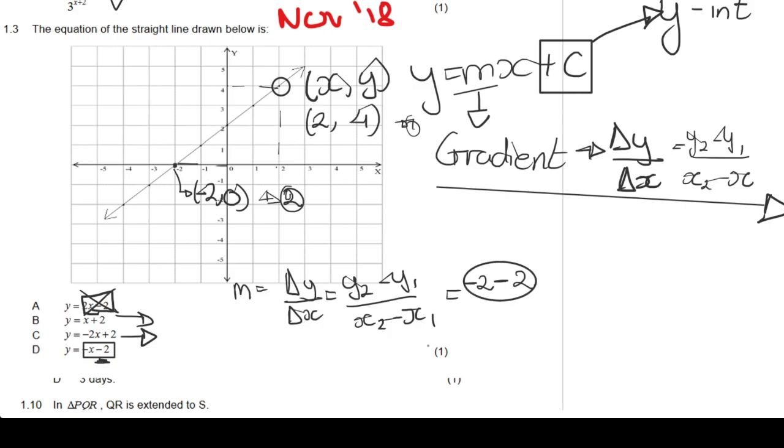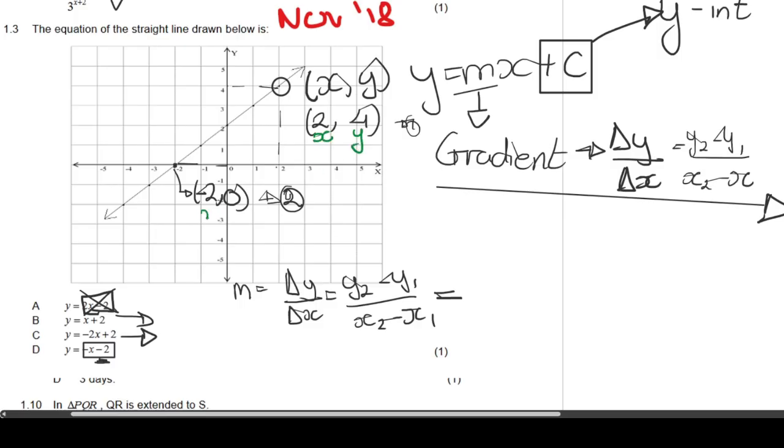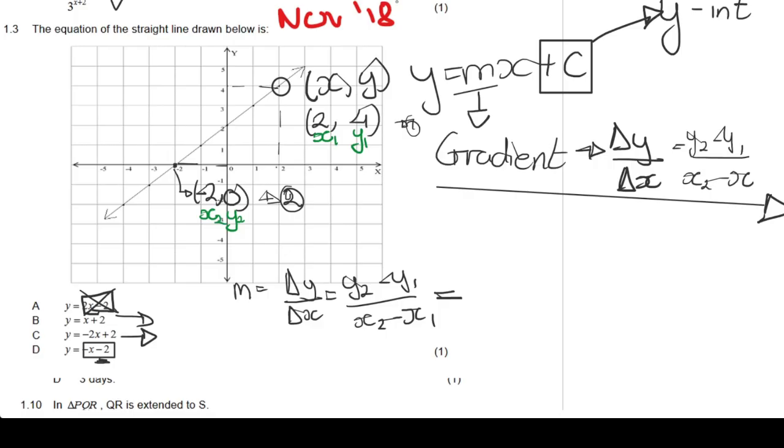This here, is it correct or incorrect? Incorrect, exactly. Why? Because those are the x values. So let's do this. This is our x, this is our y, this is our x, this is our y, right? y2, x2, x1, y1.